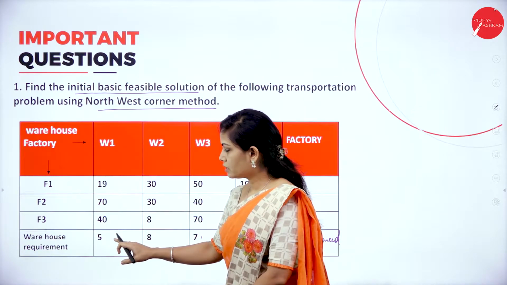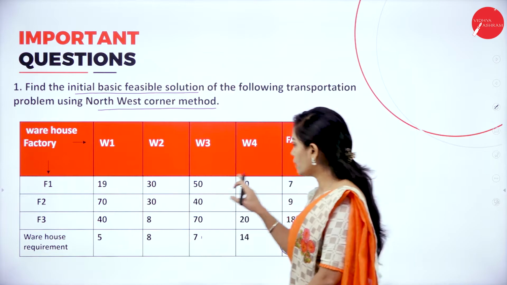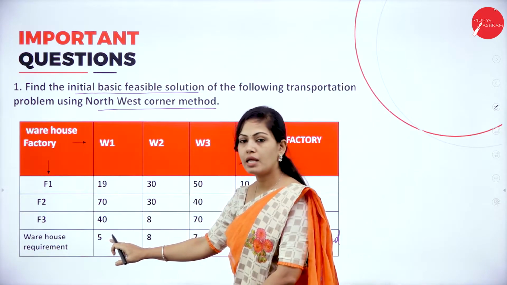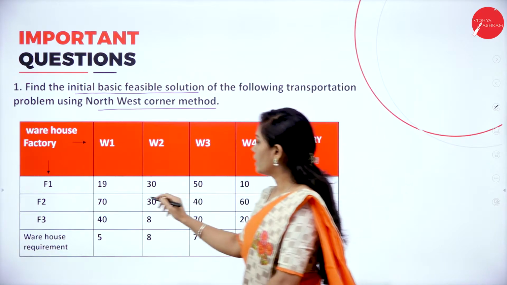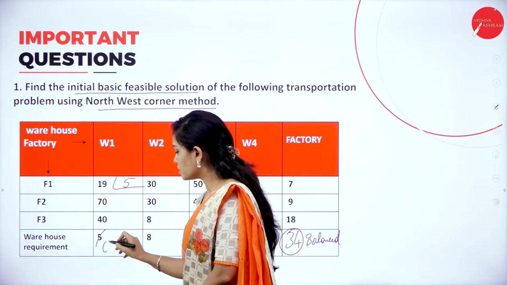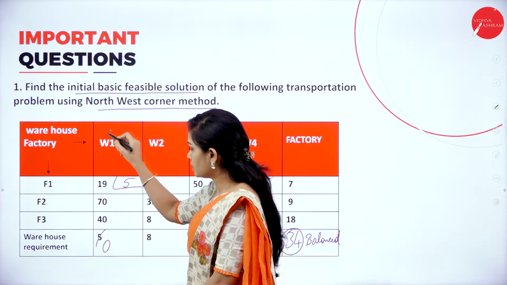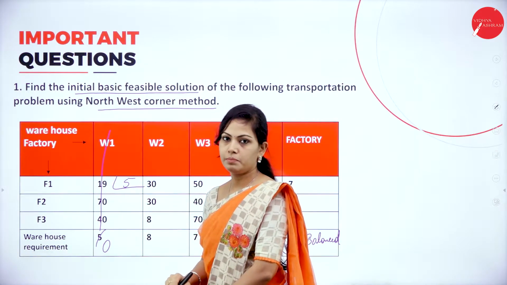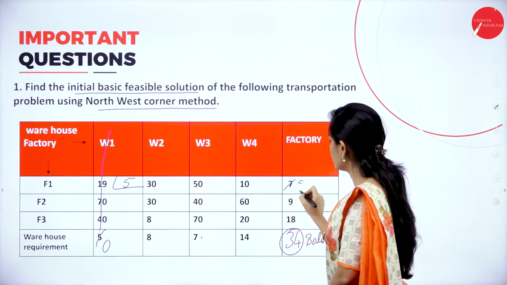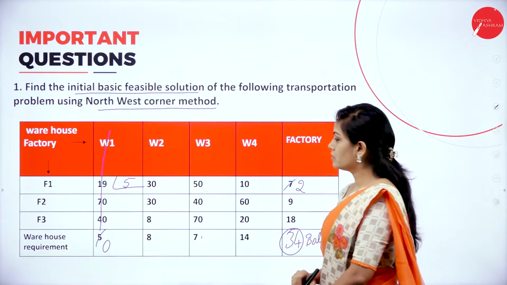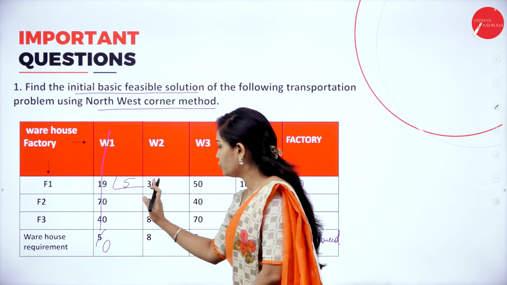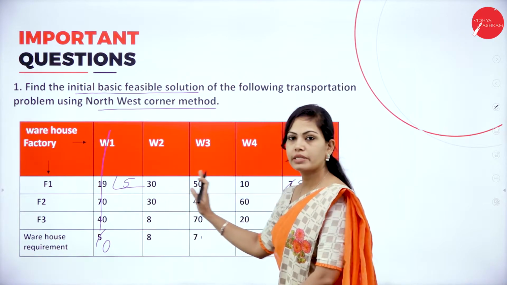You just check the warehouse requirement value and factory value. So 5 is lesser than 7. I will allocate 5 rupees to this cell. It will become 0 and you can cancel this entire column. And 7 minus 5 is 2. And the next corner value, except this column, you can consider these 3 rows and columns.